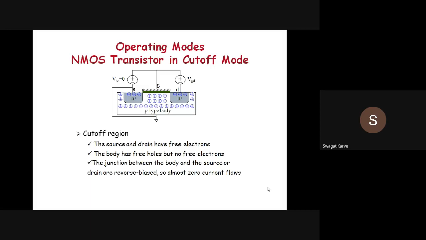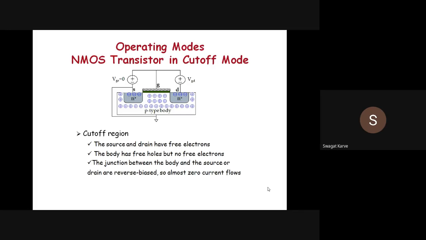Now today we are going to discuss the basic operating modes of the MOS transistor. How many operating modes does the MOSFET have? Basically three regions, or you can say three operating modes: cutoff, then linear or resistive mode, which are one and the same, and the third one is the saturation mode.